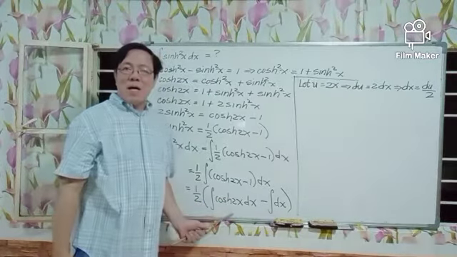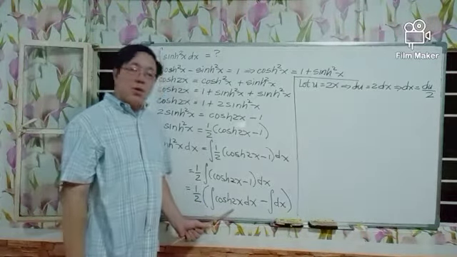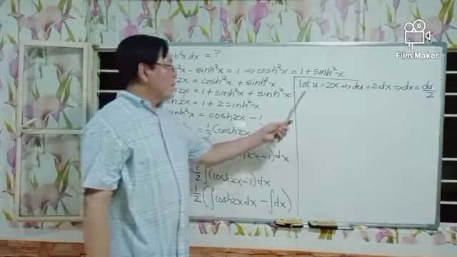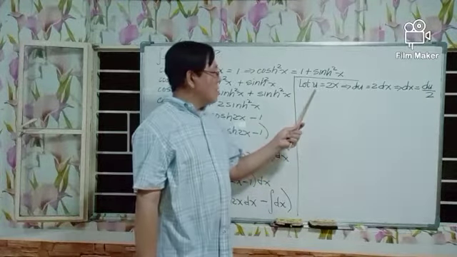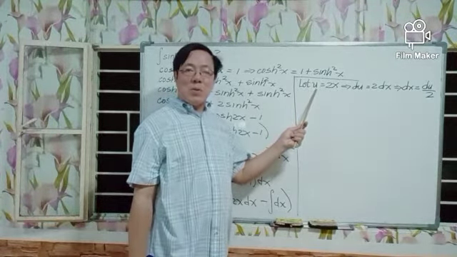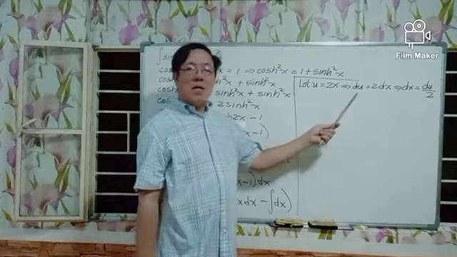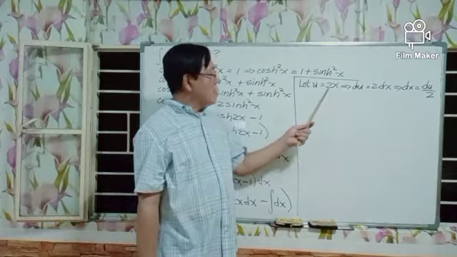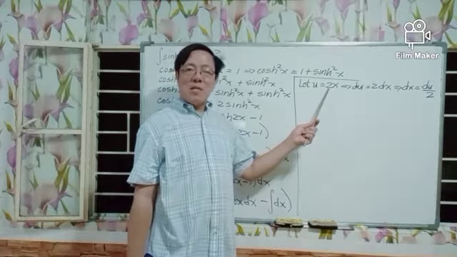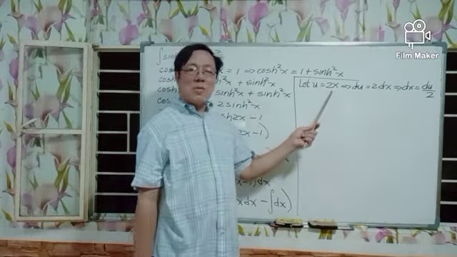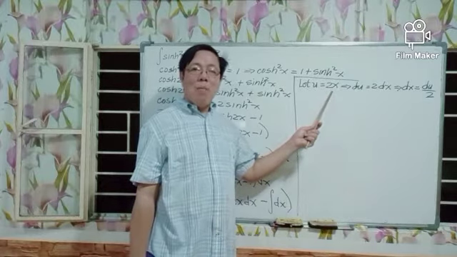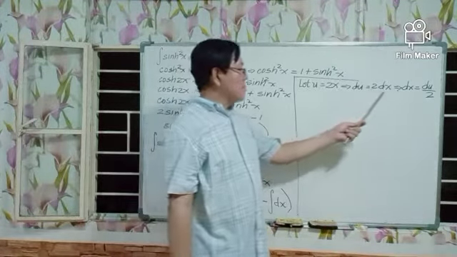To integrate the first term, we let u equal 2x, and we differentiate both sides. The left-hand side with respect to u, derivative of u with respect to u is 1, multiplied by du is du. And the right-hand side we differentiate with respect to x, derivative of 2x with respect to x is 2, multiplied by dx.